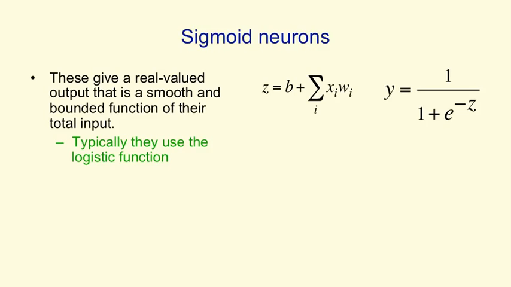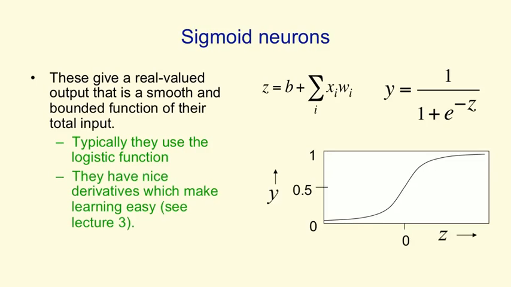If you think about that, if the total input's big and positive, e to the minus a big positive number is 0, and so the output will be 1. If the total input's big and negative, e to the minus a big negative number is a large number, and so the output will be 0. So the input-output function looks like this. When the total input is 0, e to the minus 0 is 1, so the output's a half.